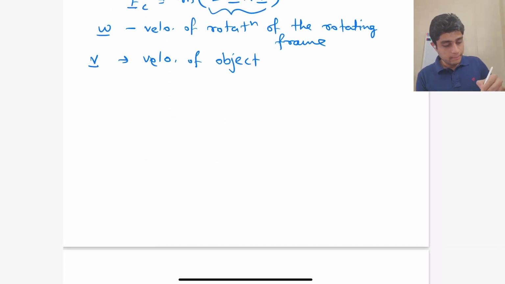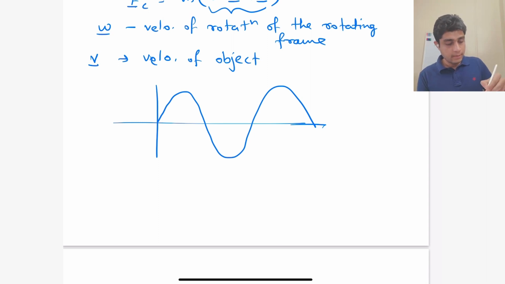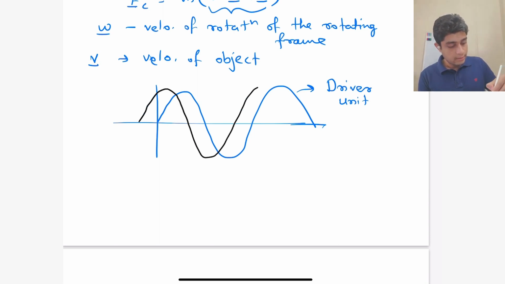So let's say we are driving the unit with a sinusoidal wave like this, then this is the signal from the driver unit. Then the signal that the sensor at the inlet measures lags behind this original signal like this.